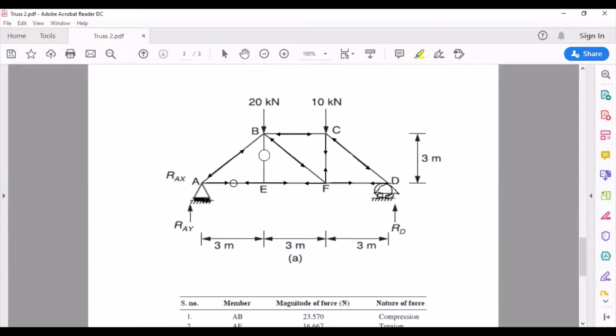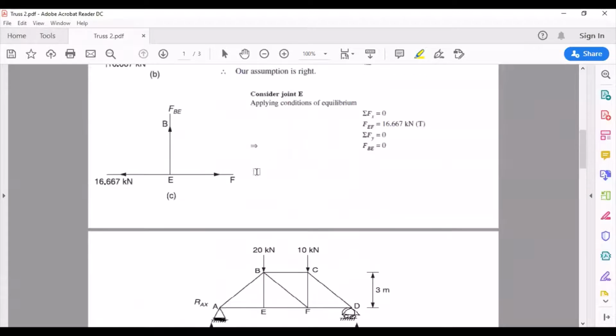Now if I consider this joint E, you'll have three members to be shown. EA, which will be moving leftwards, EF and EB. For EF and EB, I do not know the directions, so I have to assume them.